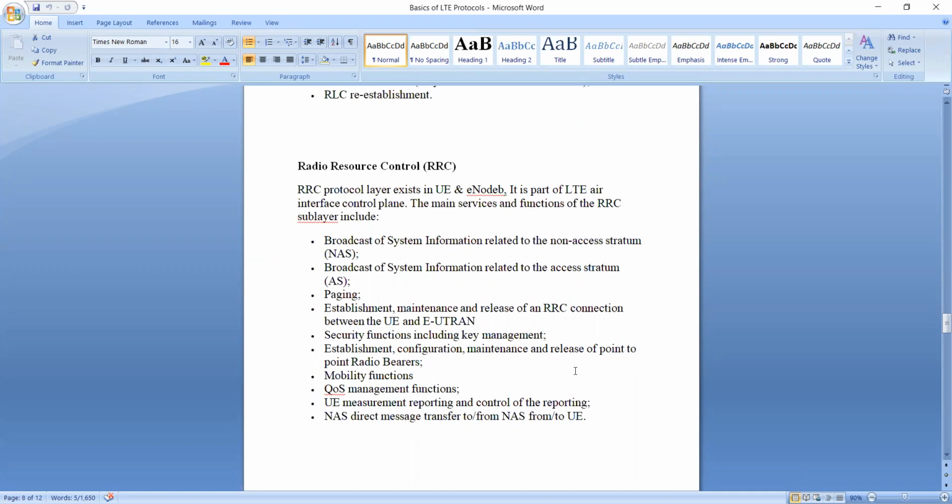It is responsible for broadcast of messages, all the messages we see such as RRC connection request, MIB, SIB1, SIB2, system information block 1, system information block type 2, and so on. That information is sent through RRC, and NAS messages. Write down this point: it is responsible for broadcast of system information related to the access stratum.